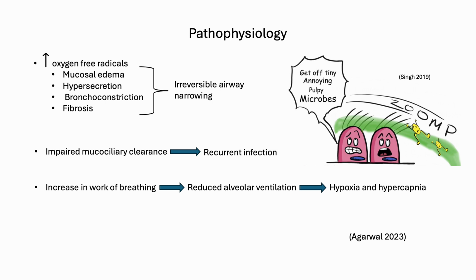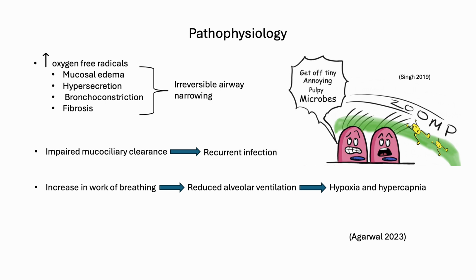Inflammation and the recruitment of neutrophils increases oxygen-free radicals and causes mucosal edema, hypersecretions, fibrosis, and bronchoconstriction, which all lead to narrowed airways with an increased resistance to airflow.